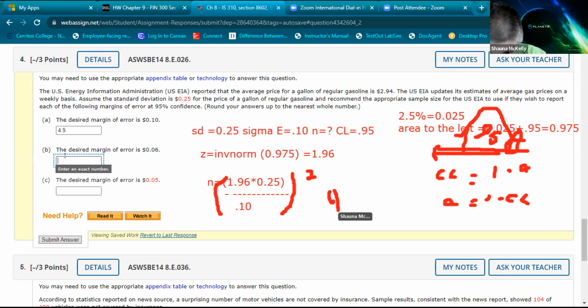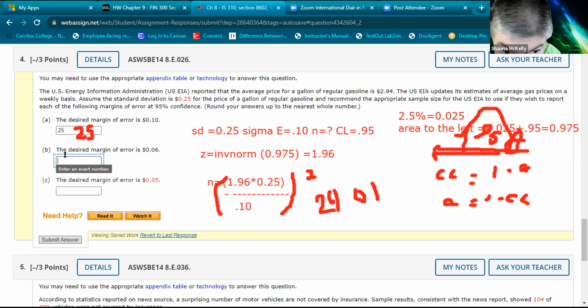So 24 is not sufficient. You need a little more than 24. So I would say 25 would be this answer. This would go to 25. Let me try the next one then.